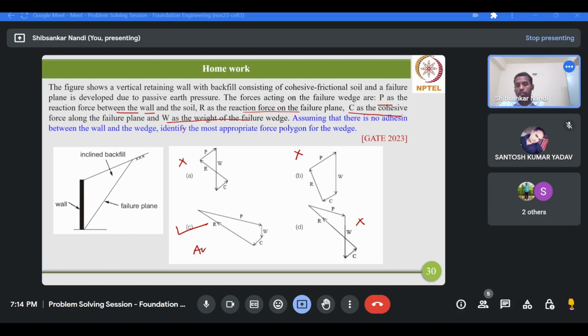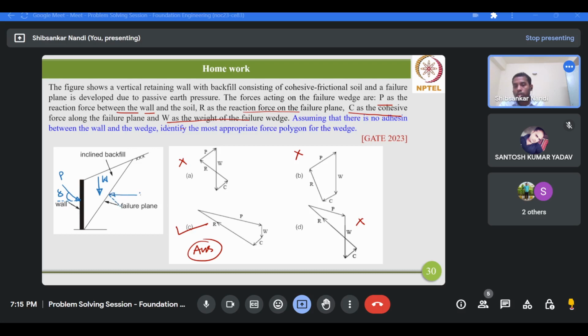So if I draw it here, this will be the W in this fashion, and this is the normal to the failure plane.